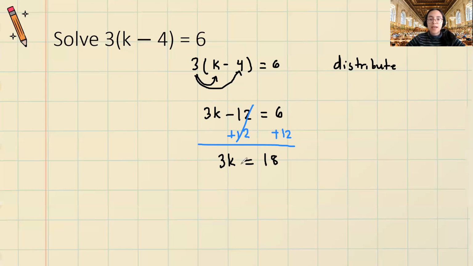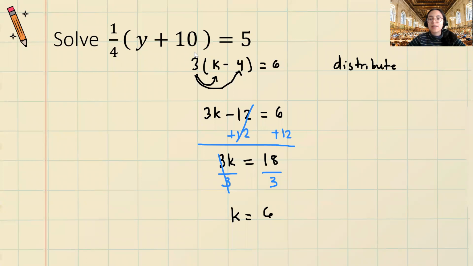Then I have 3k is equal to 18, and 3 is being multiplied times that k. So I'm going to divide by 3 to undo that multiplication. The 3's will cancel, and I can bring down my variable k, and 18 divided by 3 on the right-hand side will give me 6. And that is my answer for this example.